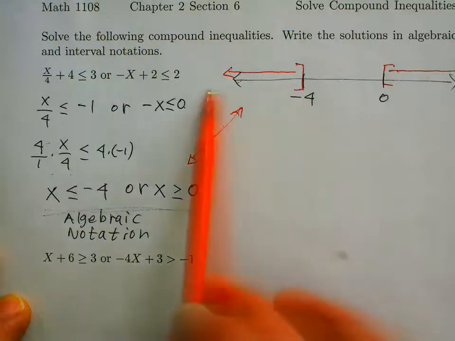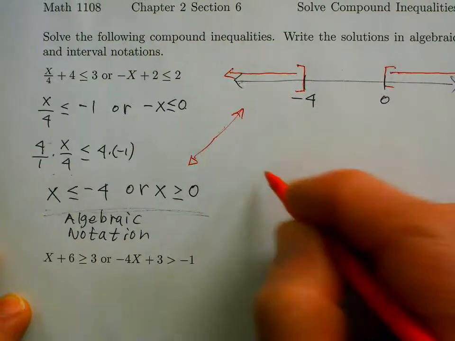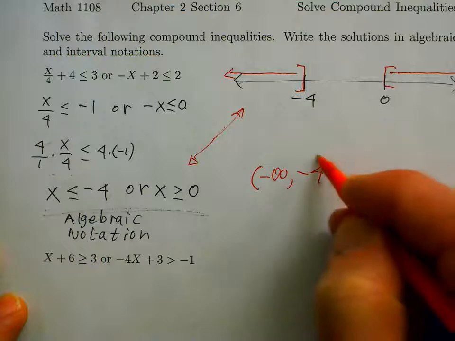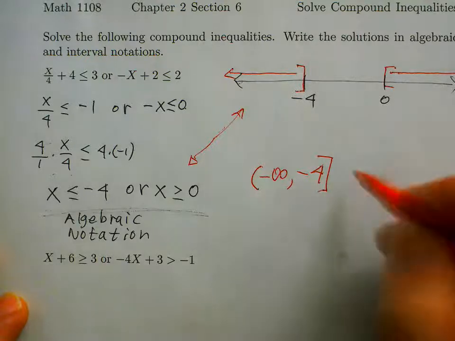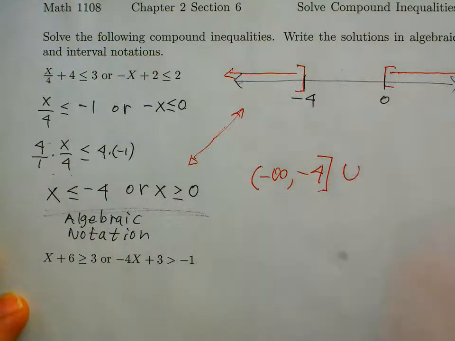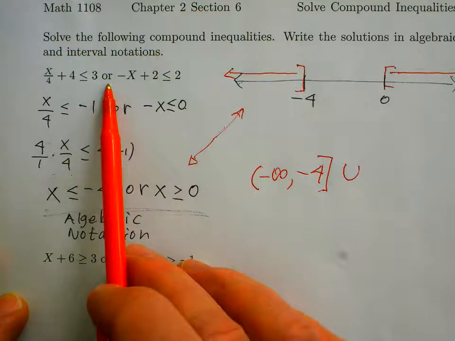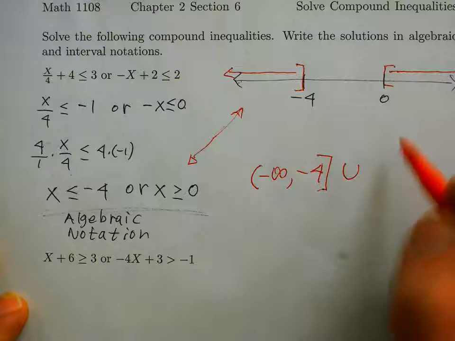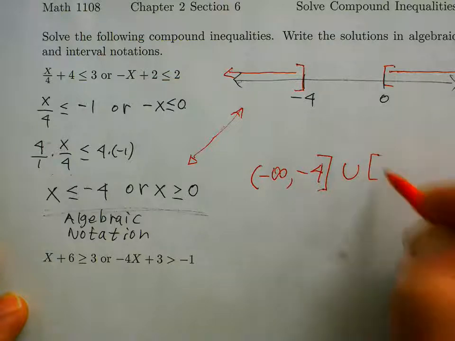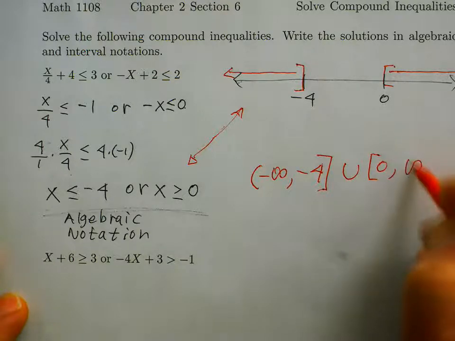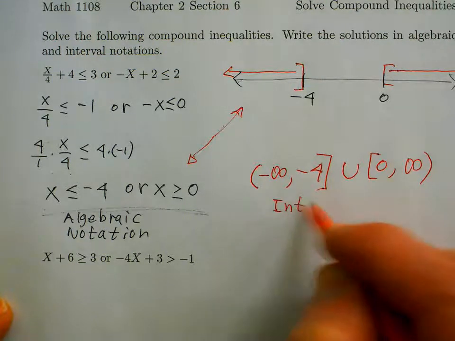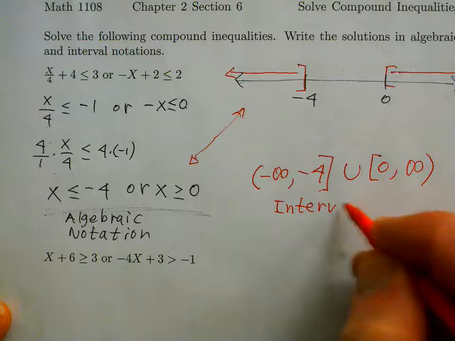This part of the number line on the left is from -infinity to -4 bracket. Then we're using the union symbol because the compound inequality has the word or. And then this part of the number line, from 0 to infinity, including 0: bracket 0, comma, infinity. Okay, so this is the interval notation for the solution.